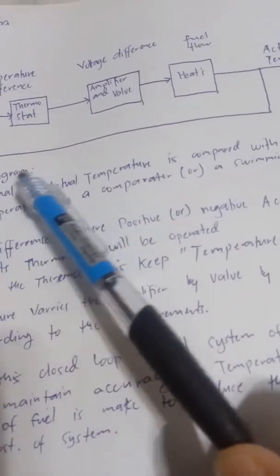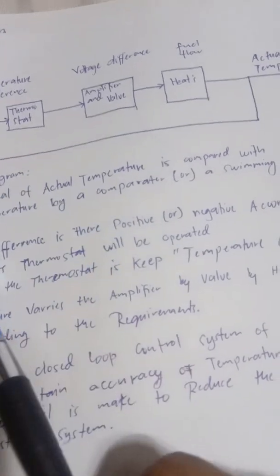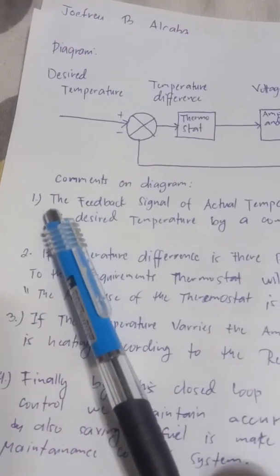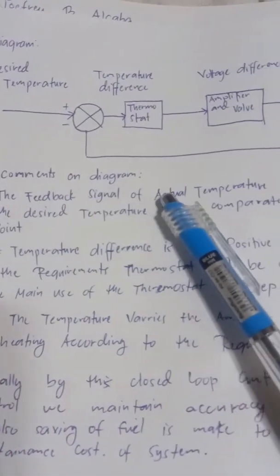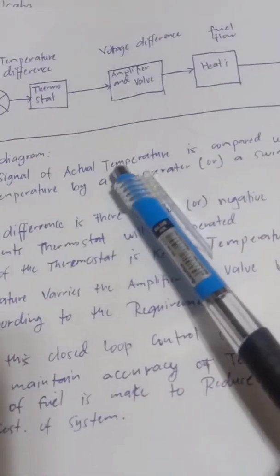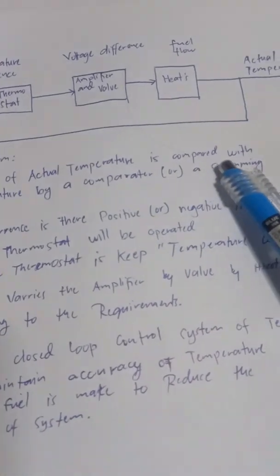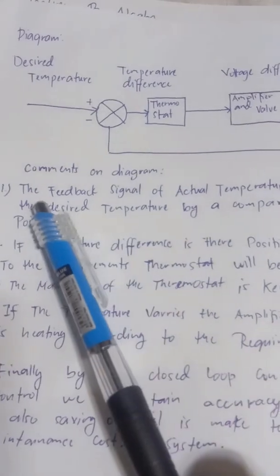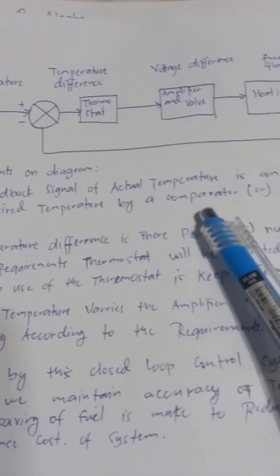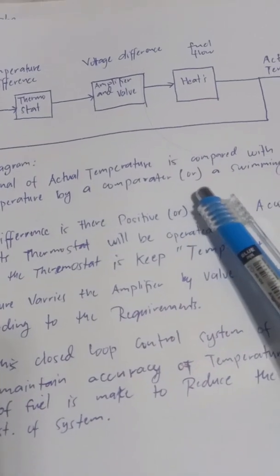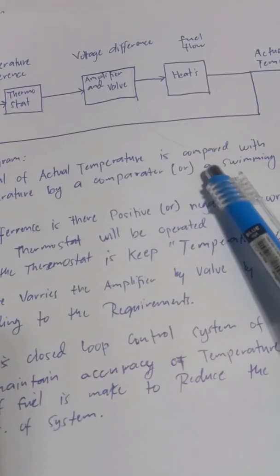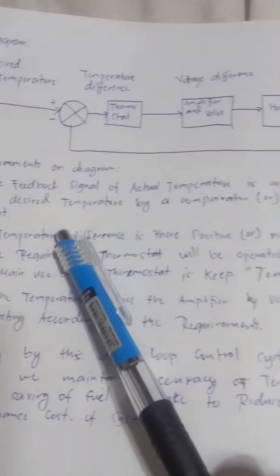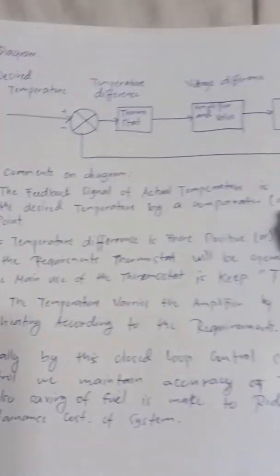These are the comments on the diagram. Number 1, the feedback signal of actual temperature is compared with the desired temperature by a comparator or a summing point.